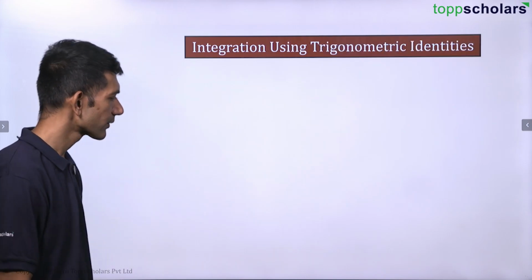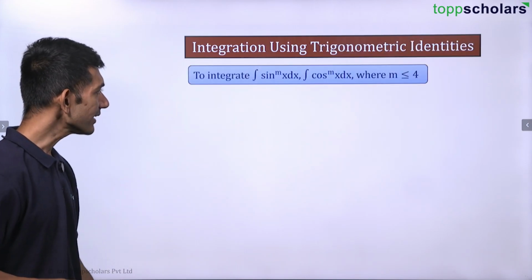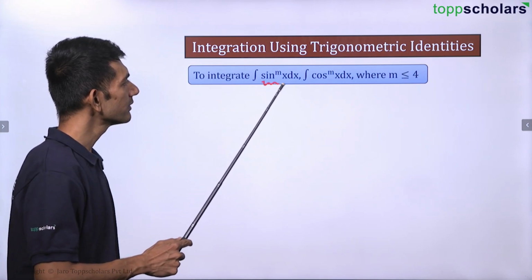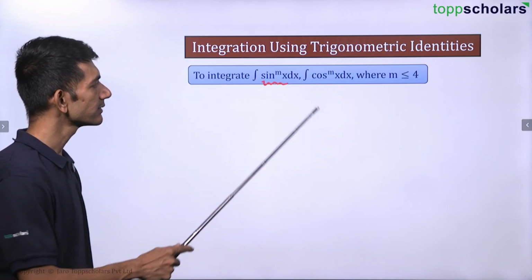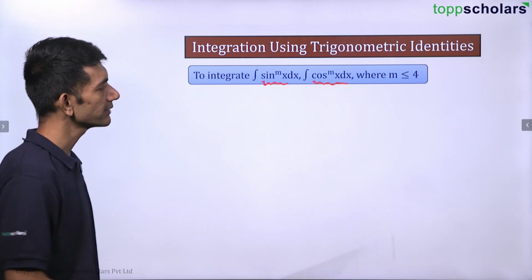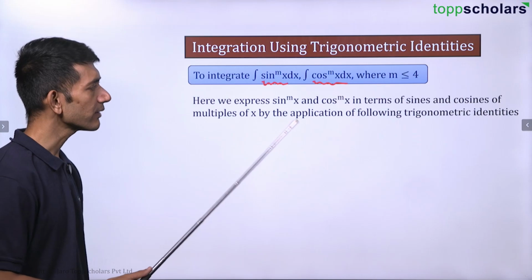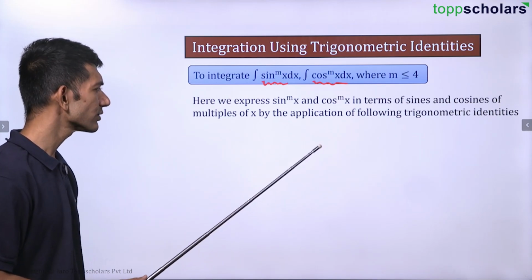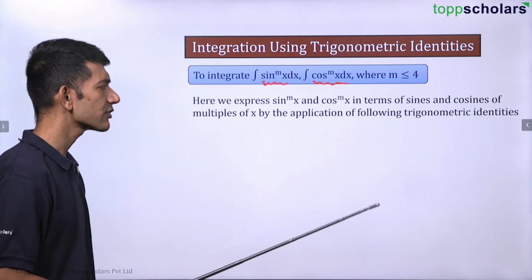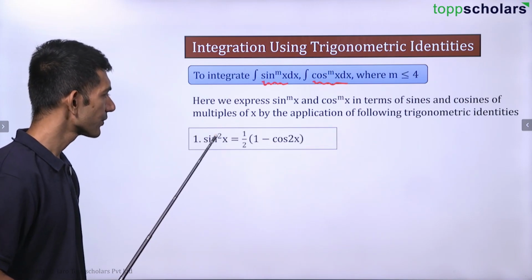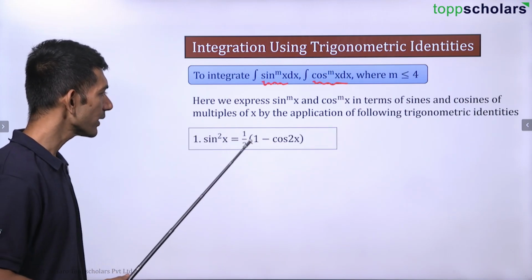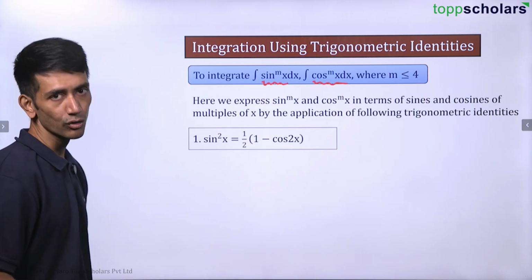Simple. Let's continue. Now let us see how we integrate sine raised to mx dx and cos raised to mx dx. Here we express sine raised to mx and cos raised to mx in terms of sine and cos of multiples of x by application of the following trigonometric identities. Sine square x will be 1 by 2 into 1 minus cos 2x.